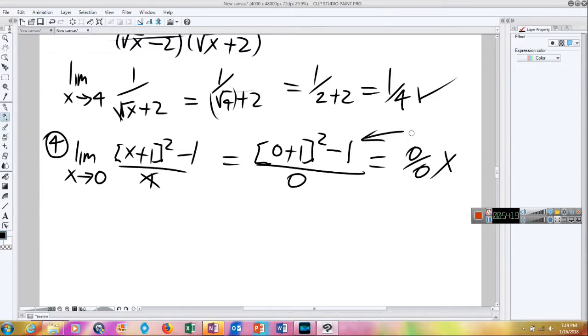You want to guess? Factorize? No. We are going to expand, and not blow up. Expand.